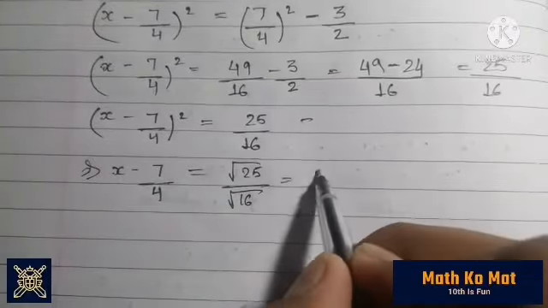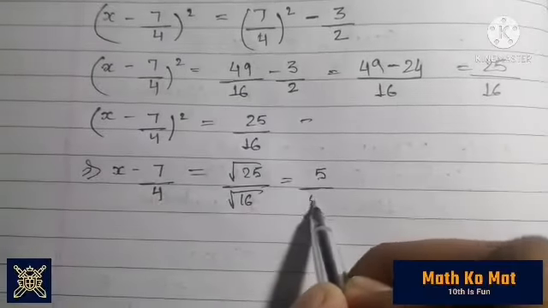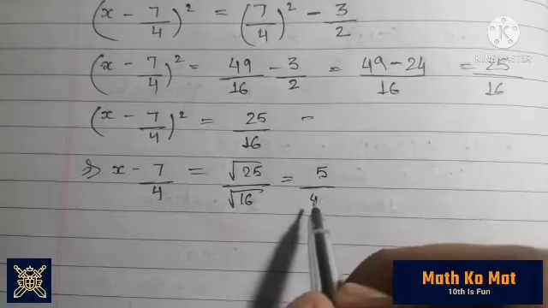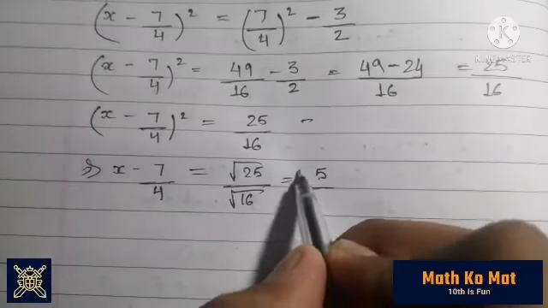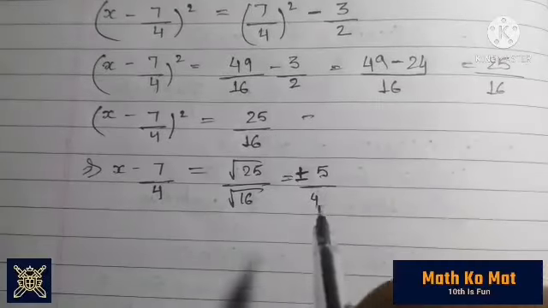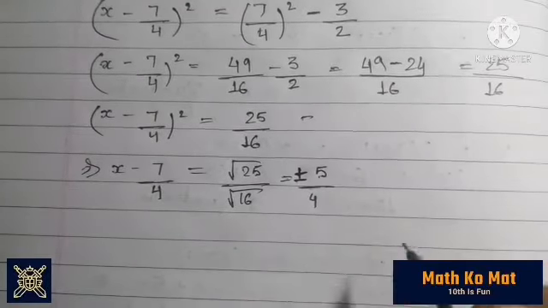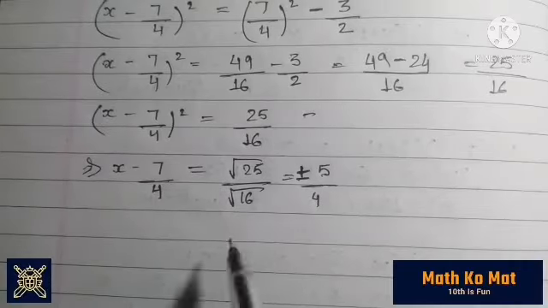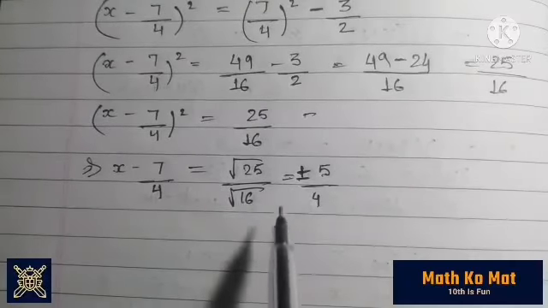Under root 25, as we know, is 5, under root 16 is 4. So x minus 7 by 4 is equal to 5 by 4. But here is a catch. Always remember, the square root always includes plus minus. It can be either minus 5 into minus 5, that will give you 25, or plus 5 into plus 5. So this plus minus is very important.